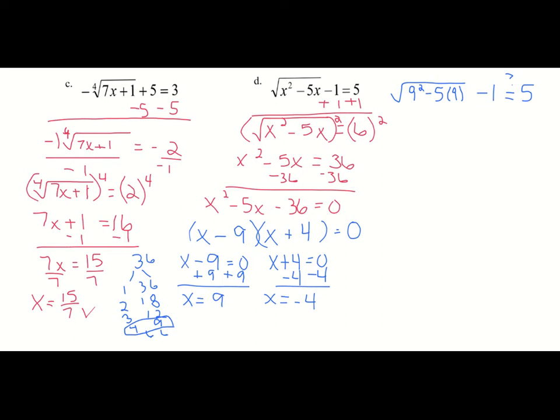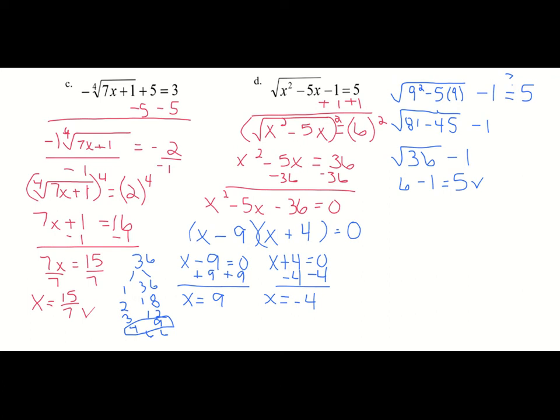So 9 squared is 81 minus 45, and then minus 1. 81 minus 45, let me do the math, equals 36. So we have the square root of 36 minus 1. Square root of 36 is 6. 6 minus 1 equals 5. So that does work. So 9 is a true answer.